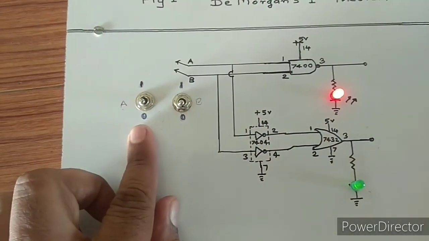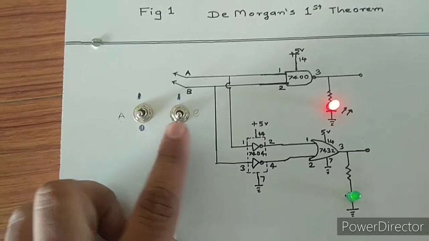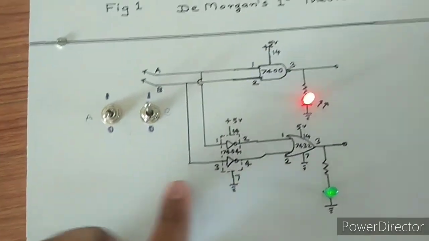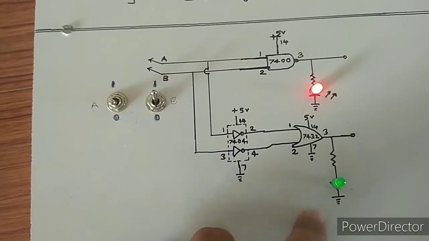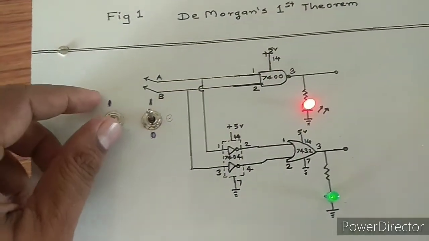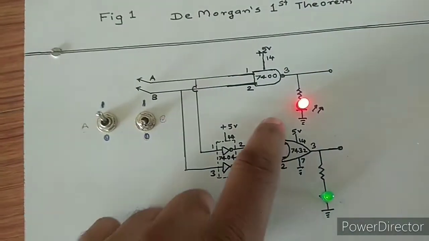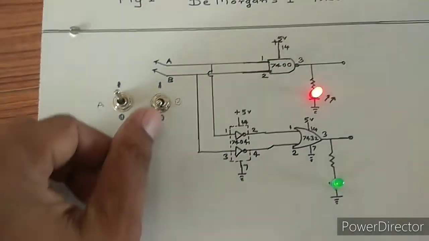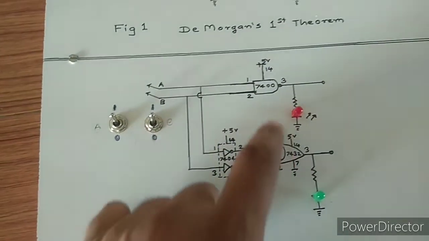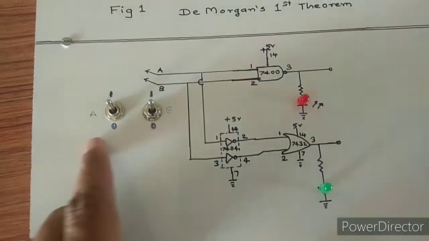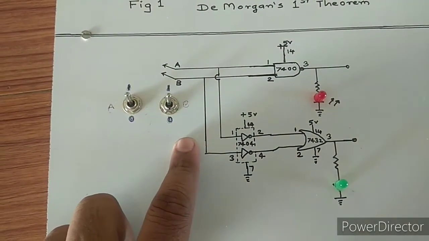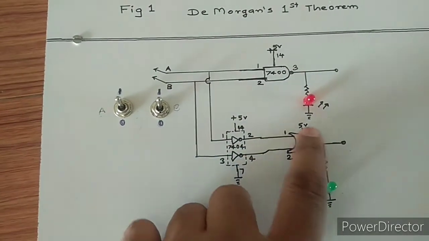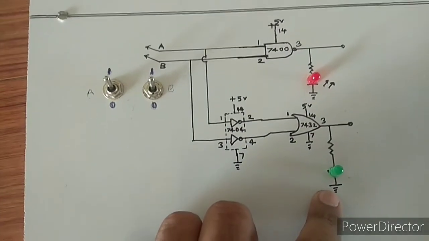Next case we consider A 1, B 0 and A 0, B 1. In that case also the LED will glow, means the output is 1. When both inputs are 1, in that case the LED will not glow, the output is 0.